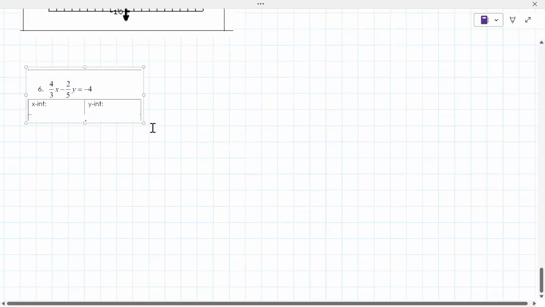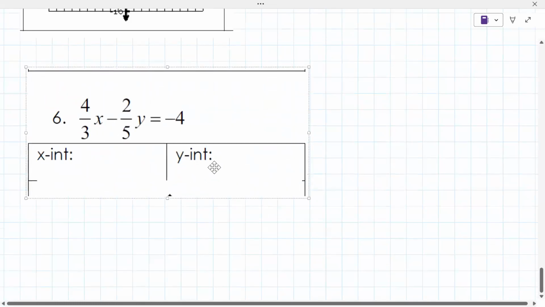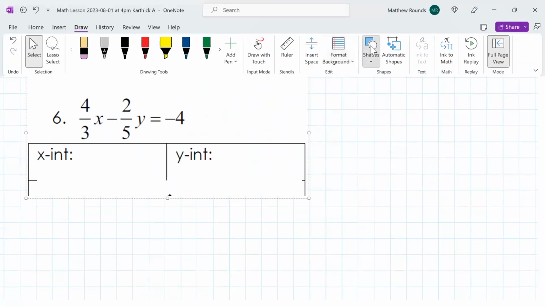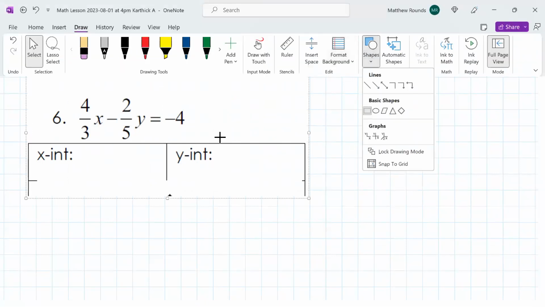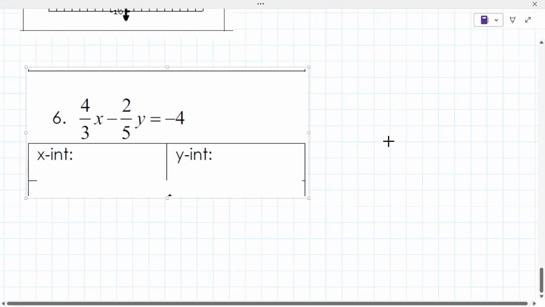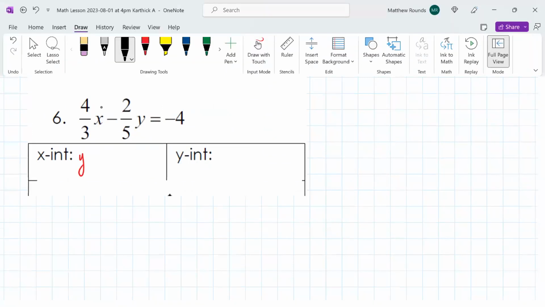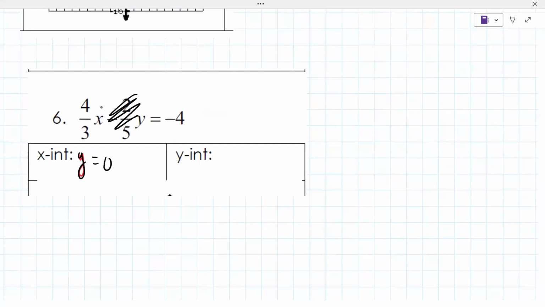So what I tell students, and it's almost impossible to show this on the digital screen, but imagine if you could cover up, like when you do the y-intercept, you're setting y equal to 0. You're effectively covering that up.